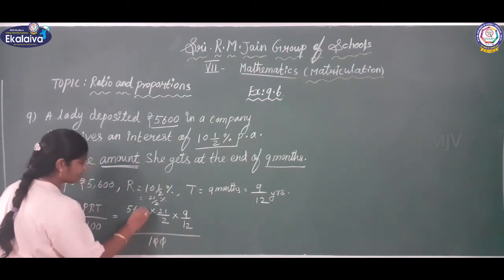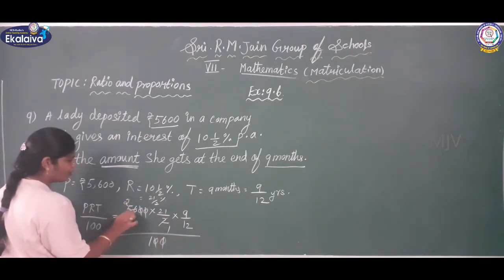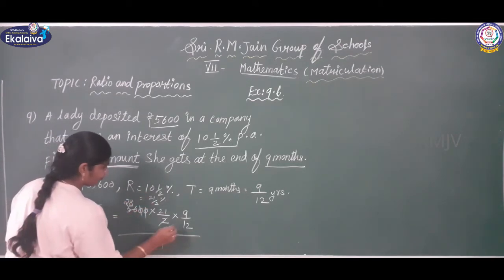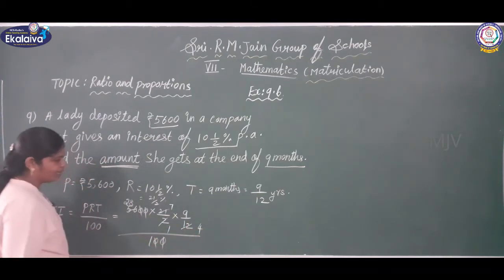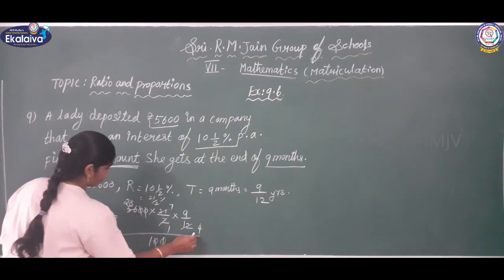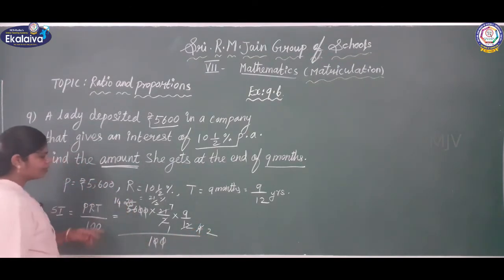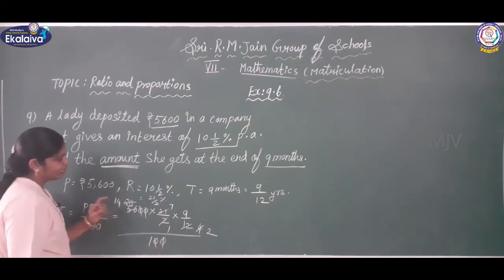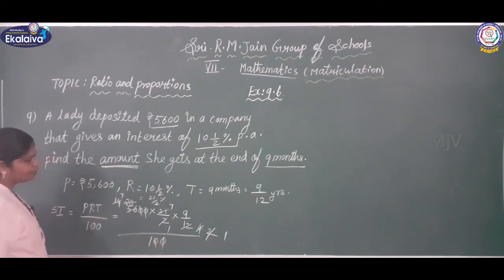Okay, cancel the 0. Okay, 2 ones are 2, 2 twos are 4, 8 twos are 16. 4 threes are 12, 7 threes are 21. 2 twos are 4, 14 twos are 28. Then 2 ones are 2, 7 twos are 14.